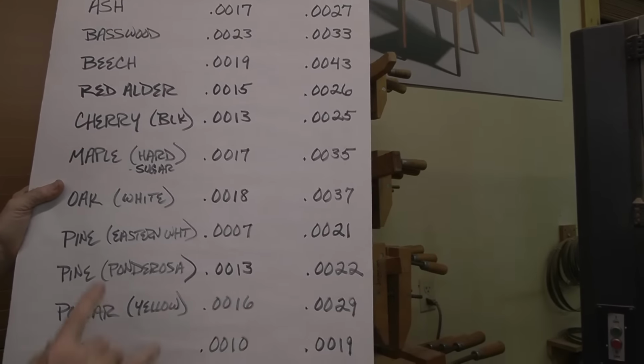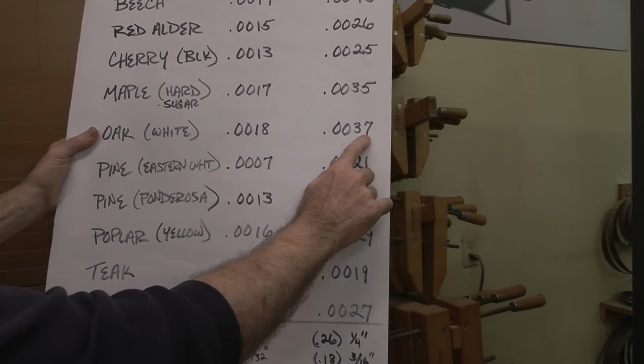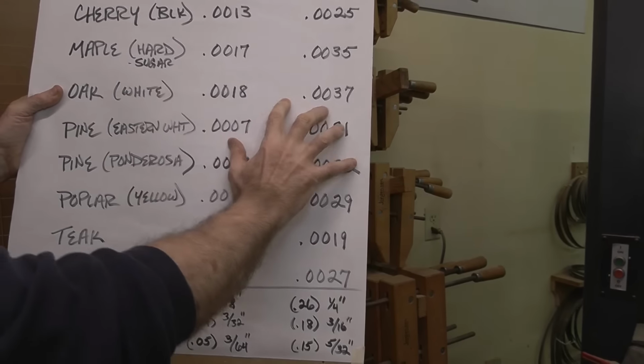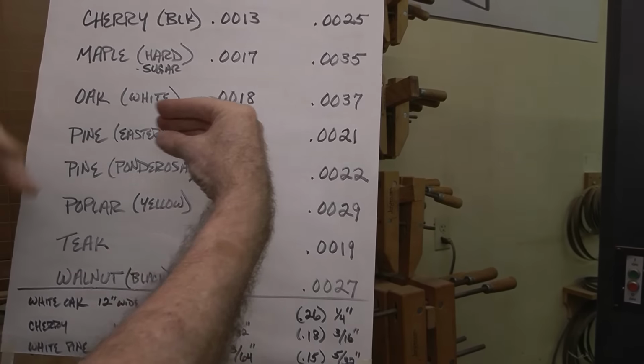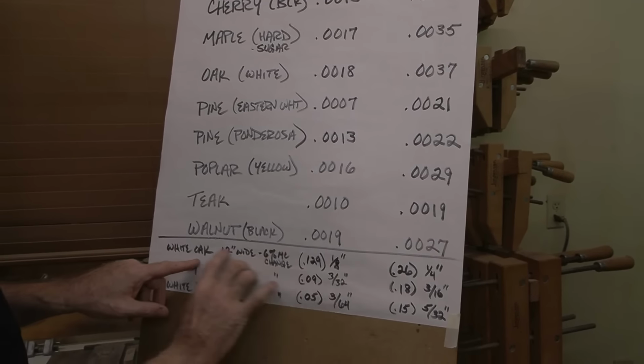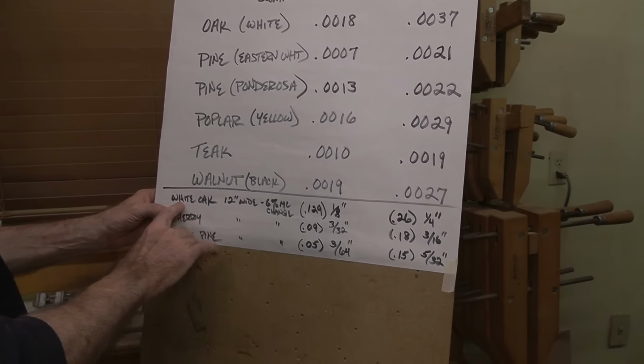Now, as we look at oak, let's look at the white oak. Again, we have 37 to 18, so that's almost exactly half. But what does this mean in terms of real boards? Down here, I actually did the calculation using the formula, which we could get into the weeds with some other time.